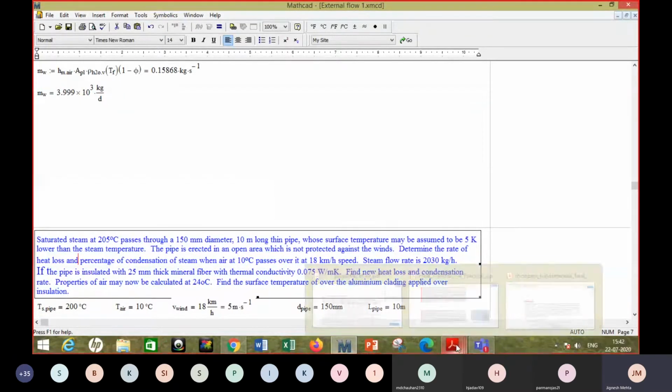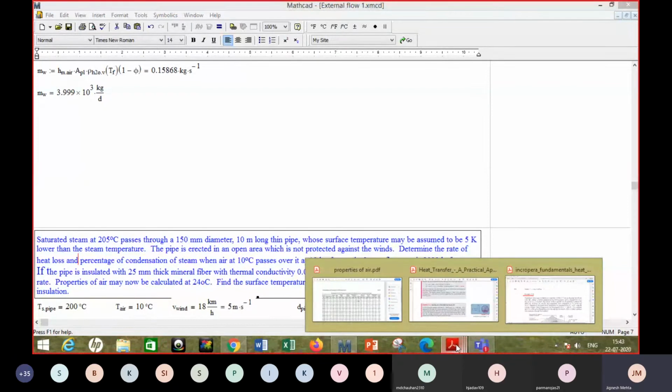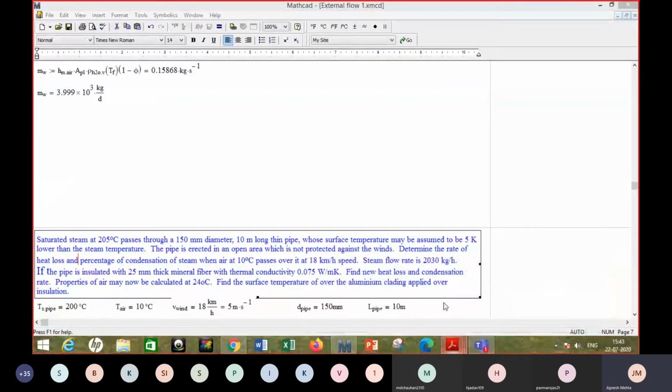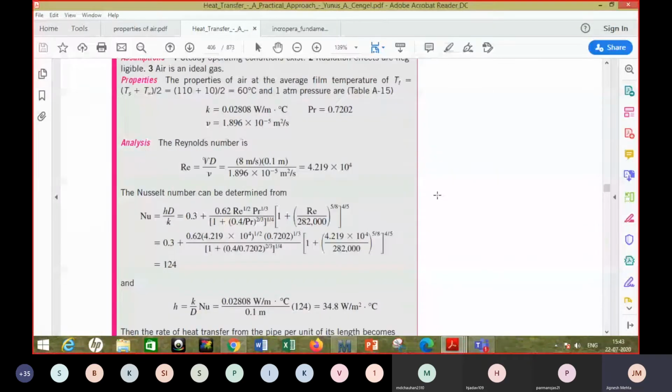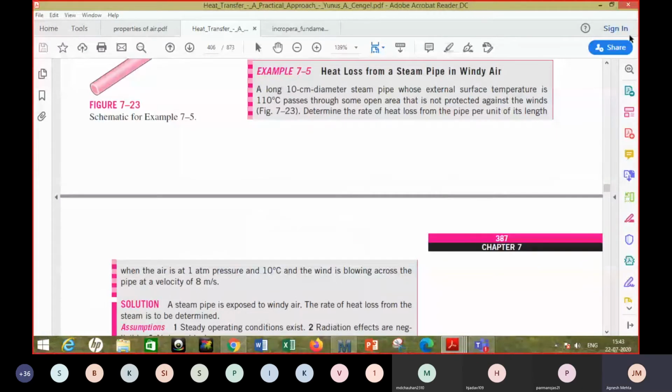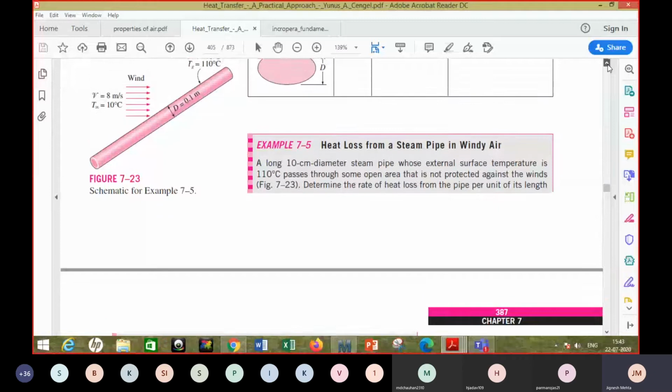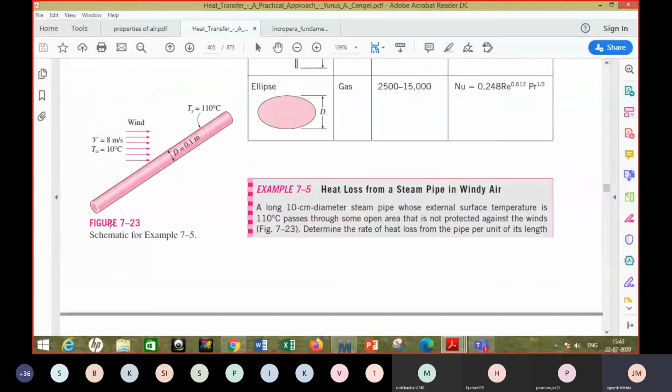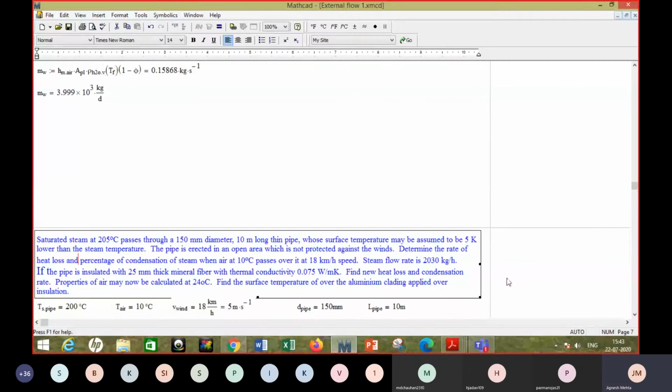Right? So I would like to show you such a similar example given in Yunus Cengel. I'll take this diagram from here. Some parameters have been changed and some other modifications might have been made, but basically this is the figure which will give you an idea about the problem.